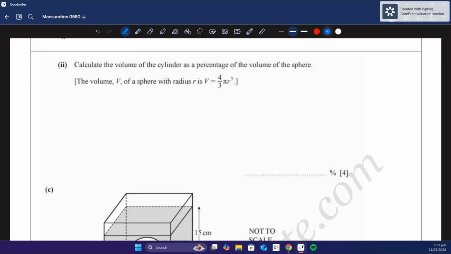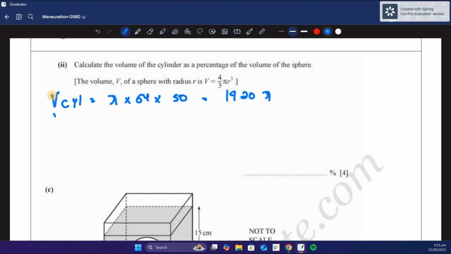Okay, so first we need to calculate the volume of the cylinder. The volume of the cylinder would be given to us by pi into 8 squared, 64, into 30, which would be equal to 1920 pi.